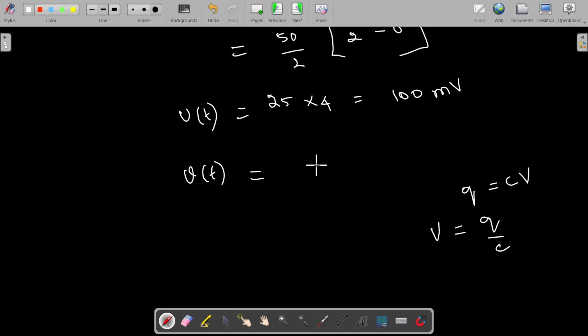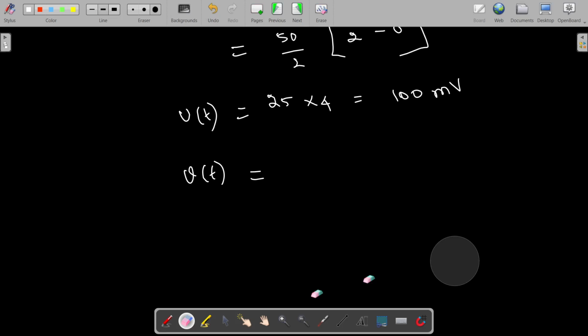So the unit we got is millicoulombs divided by the capacitance given in millifarad, so that you get the answer. That means the unit is millivolts. So this is how we got this. It is 100 millivolts. It is the answer.